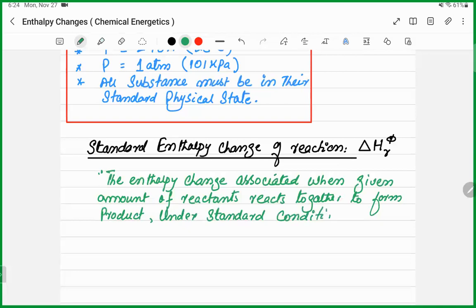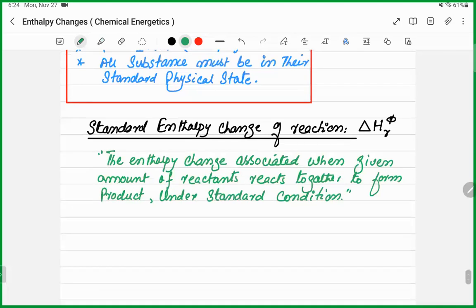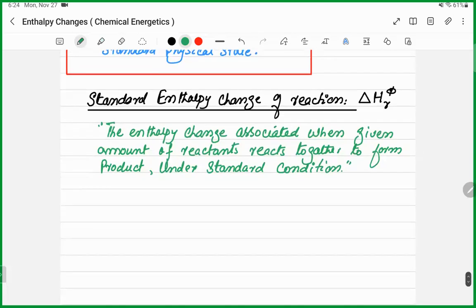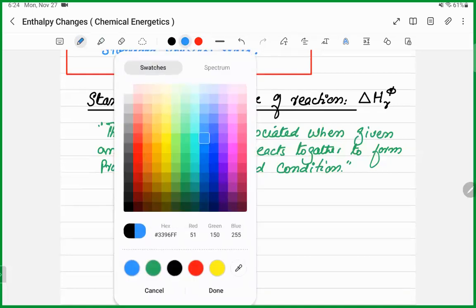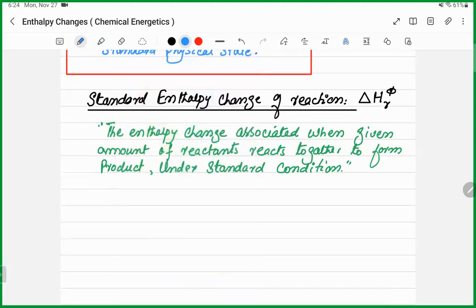It's very rare that they ask about the definition of delta HR, the standard enthalpy change of reaction. बहुत rare है कि इसकी definition पूछी जाए. ठीक है?